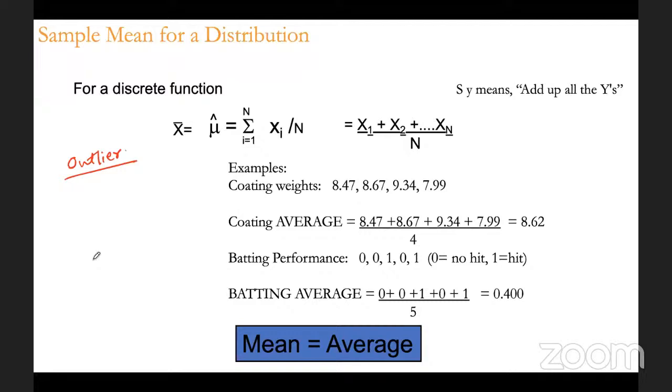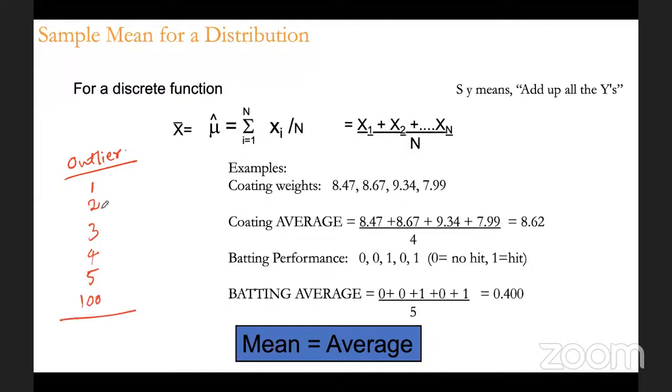So what is an outlier? An outlier is a number that is very far from the rest of the group. Let us say I have a data set like this: 1, 2, 3, 4, 5, and all of a sudden I have a number called 100.